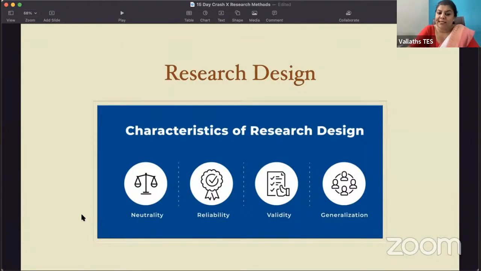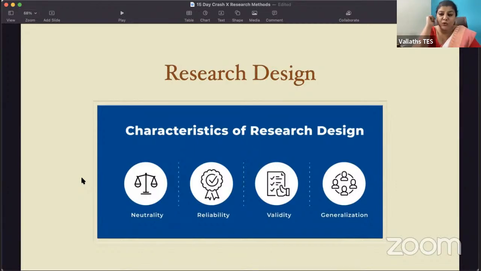When you do all these things, when you design a research, you should have neutrality. That is very, very important. You should not be subjective. In research, some theorists talked about subjectivity also. Subjective approach is there in theory and research.